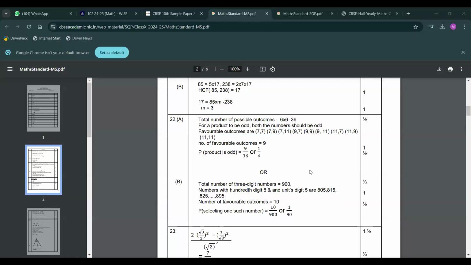Okay, just wait. I will show you the blueprint also of the CBSE sample paper. Screen is not shared. Just wait. Screen is visible now. Yes, ma'am. See, I have asked you this question, right?